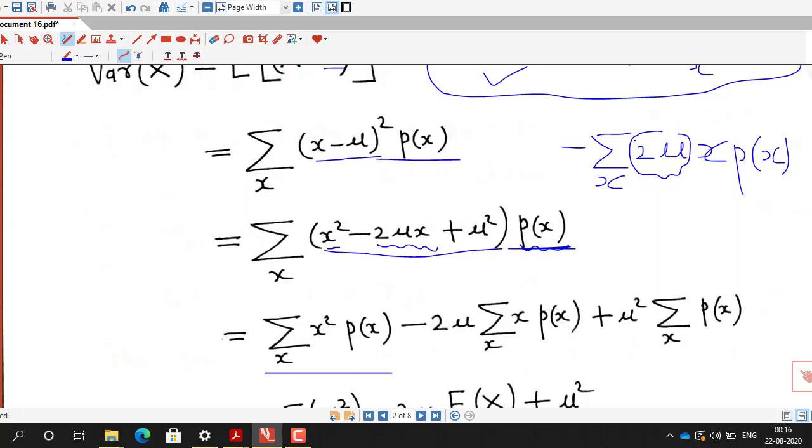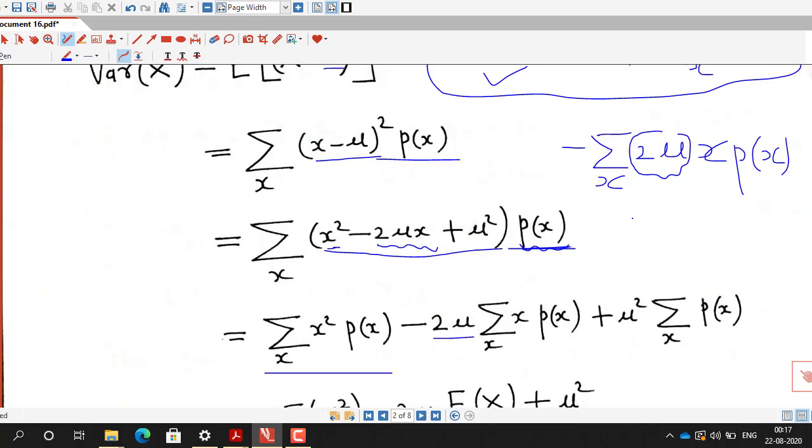Now this summation has variable x. The variable of summation is x, so this 2 mu is independent of x, so we can take it outside, and into sigma x into p(x).